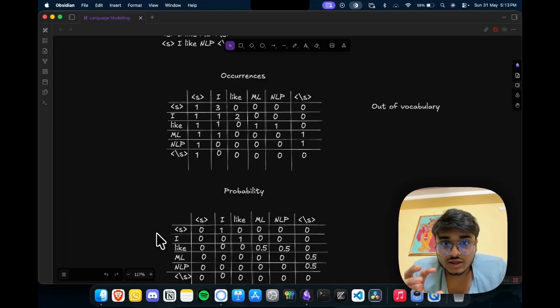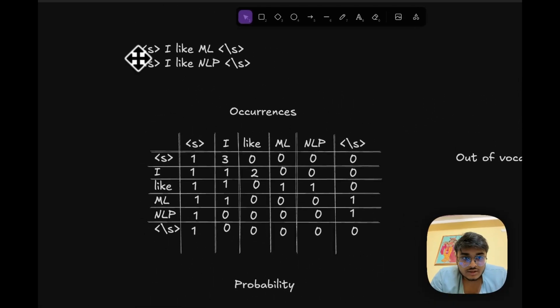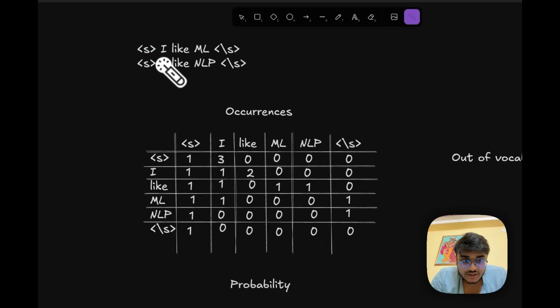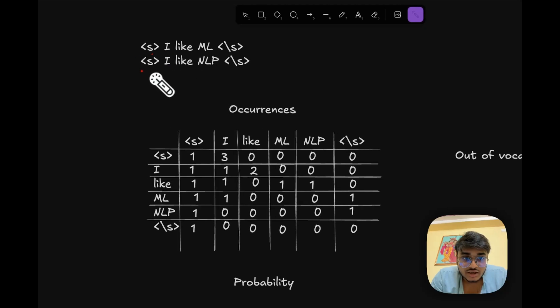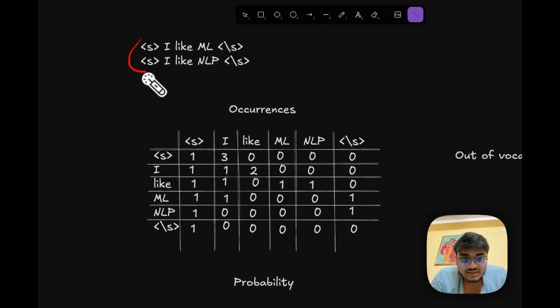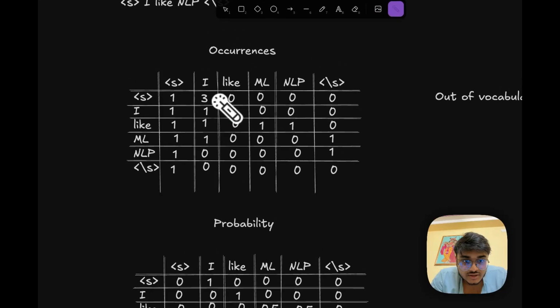Let's say I'm finding the probability that after the start of the sentence, the I is coming. So I have to find how many times the start of the sentence is coming. The start of the sentence is coming 2 times. So I'm going to divide this.